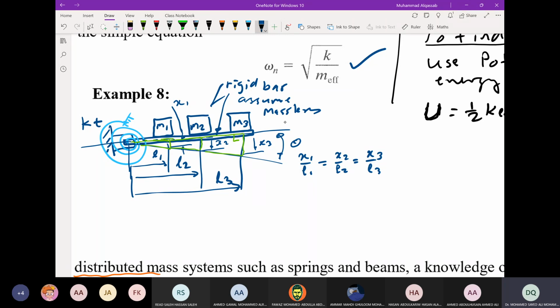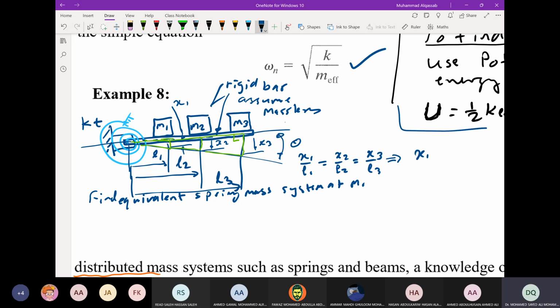Now suppose I want to find the equivalent mass system at M1, which means in terms of X1. Of course, this relationship can be differentiated to get the velocity relationship.